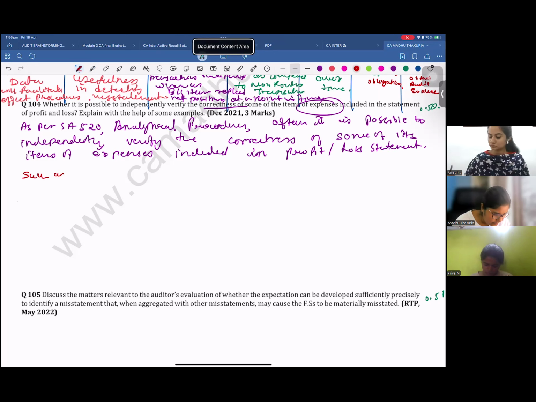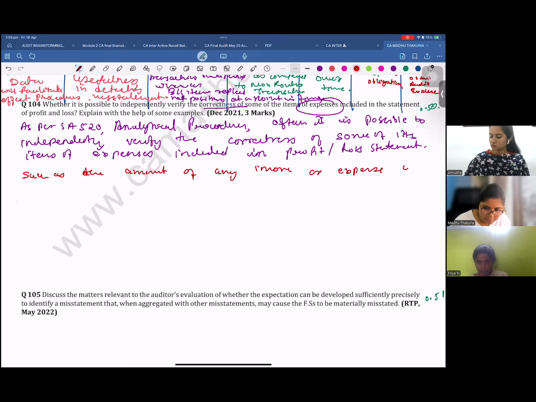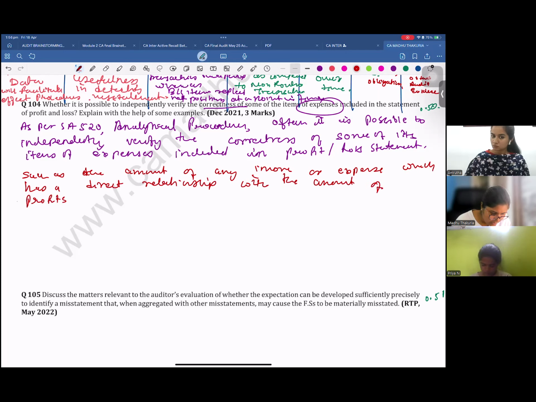Such as the amount of any income or expense which has a direct relationship with the amount of profits or sales can be verified independently.